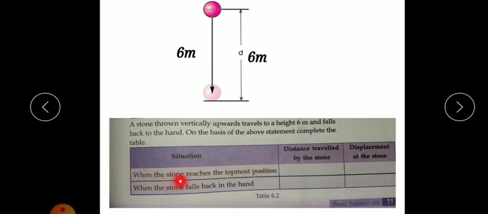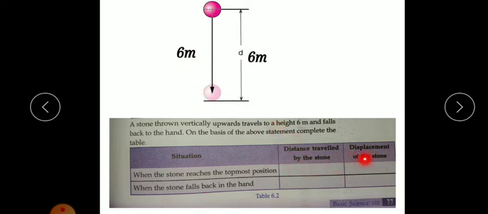When the stone reaches the topmost position, see from here to here, when the stone is thrown to this height, it reaches the topmost position. At this position, what is the distance traveled by the stone? How much? 6 meter, is it? So write here 6 meter.